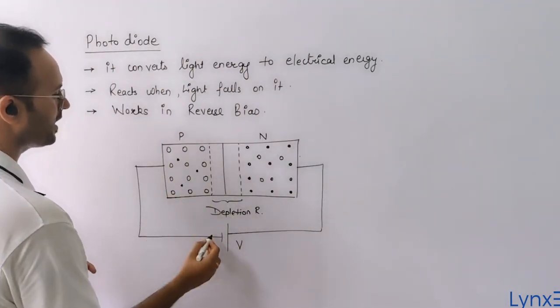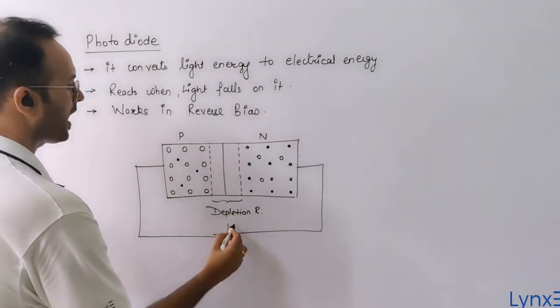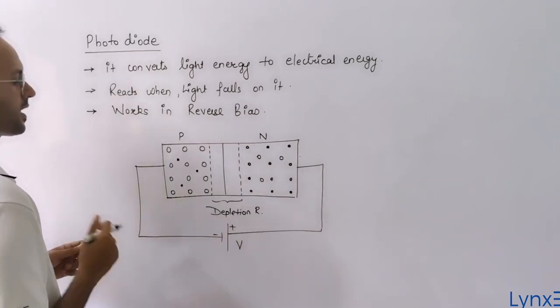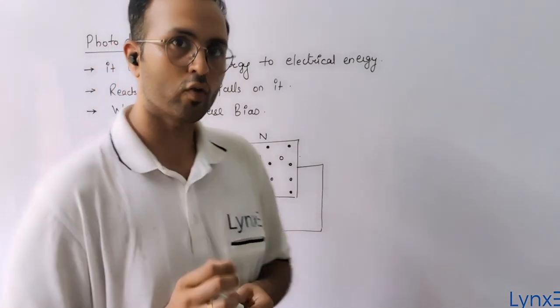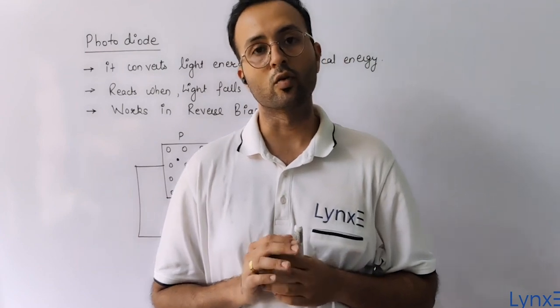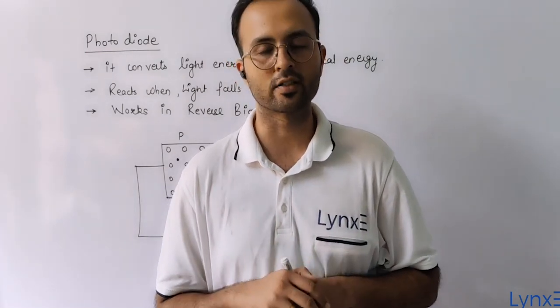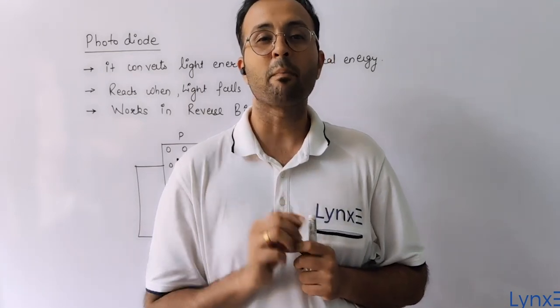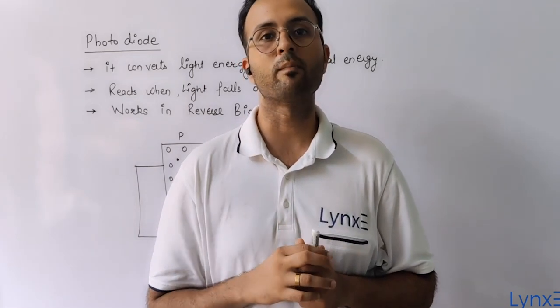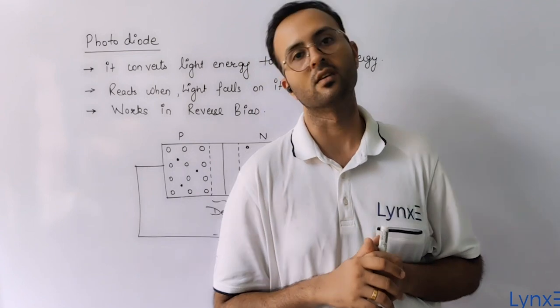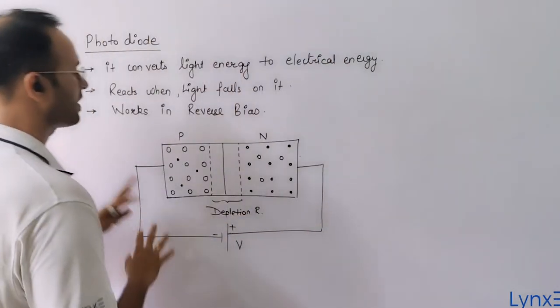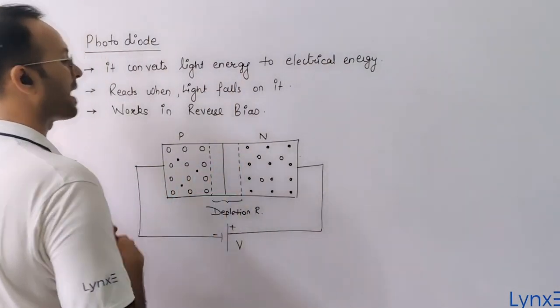We know that in a reverse biased diode there is no conduction. But still a minute current, a microampere current, flows in the circuit due to the minority carriers.